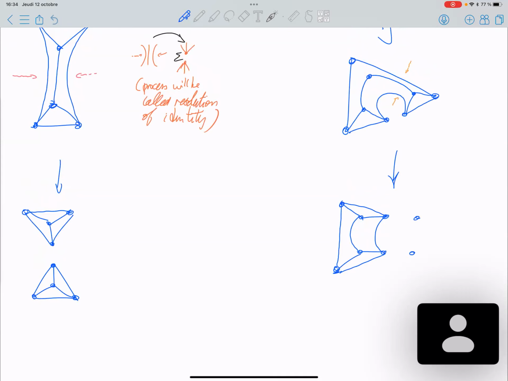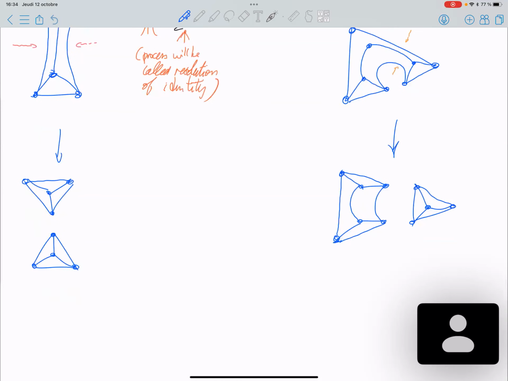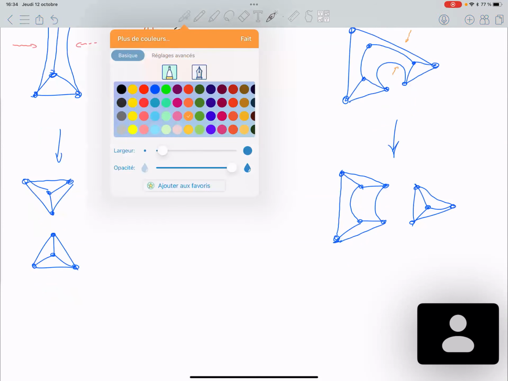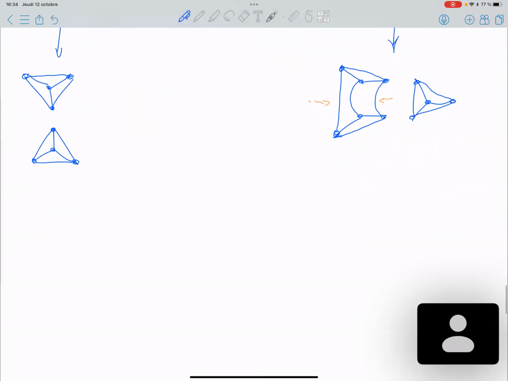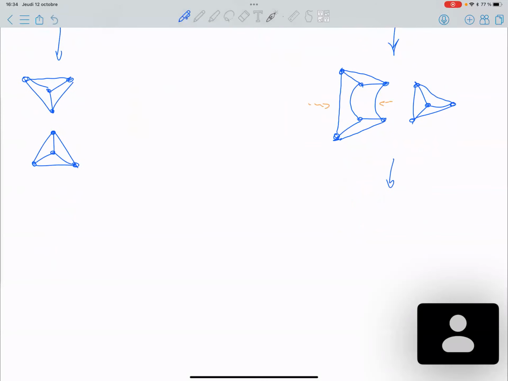So we get this tetrahedron. Okay. And then we do it again here. We'll do it again here to get 2 extra tetrahedra like that.